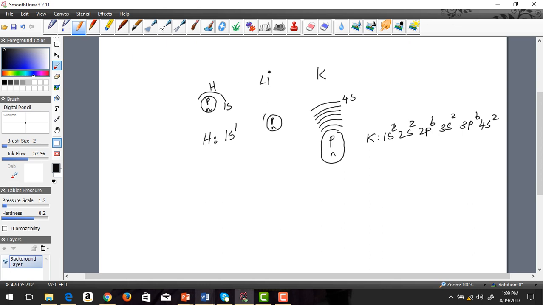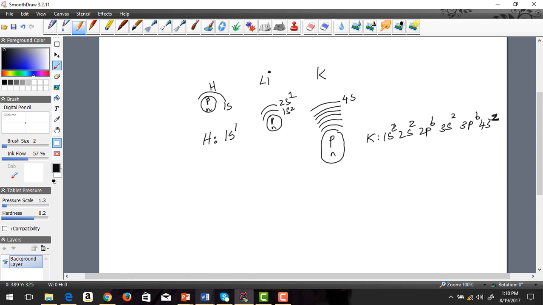Proton and neutron, you have 1s, sorry, this is 4s1. Same thing, 1s, 2s, and that's it. 1s2, 2s1.